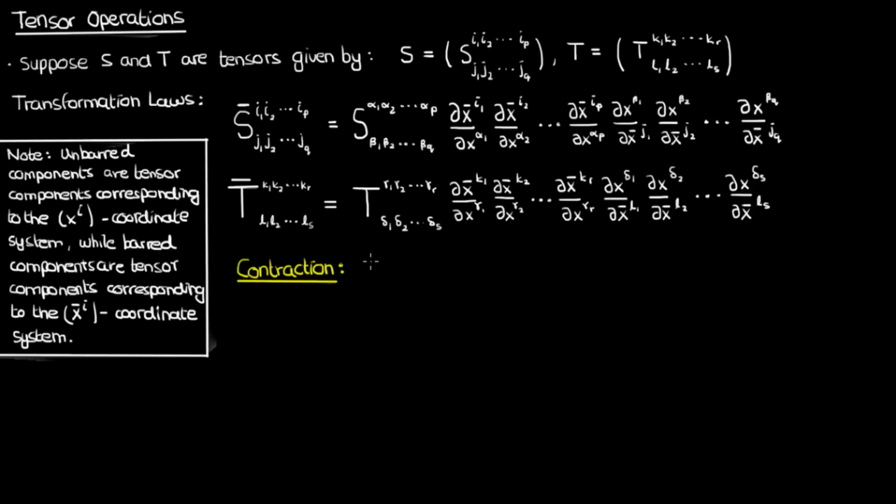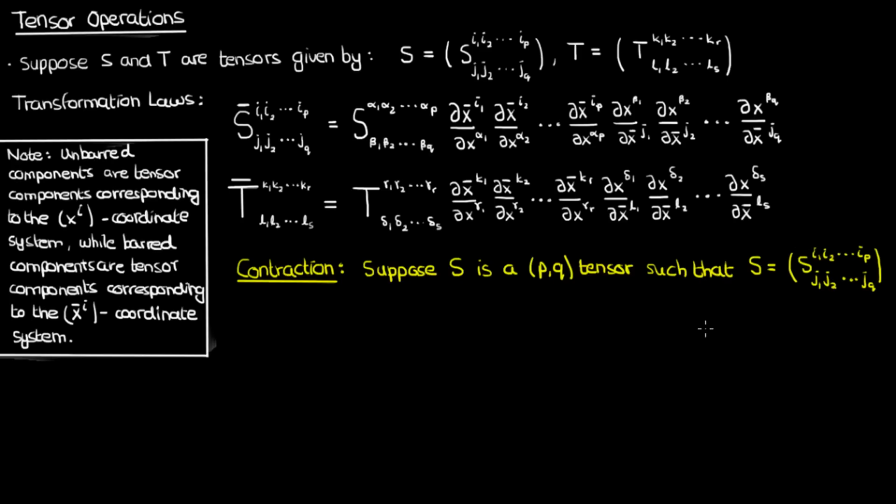We're only going to need one tensor to discuss this operation because the contraction is a one tensor operation. Suppose S is a PQ tensor, like what we wrote above, the contravariant rank is P and the covariant rank is Q. In the unbarred coordinate system, its components look like this, what I've written here on the right-hand side.